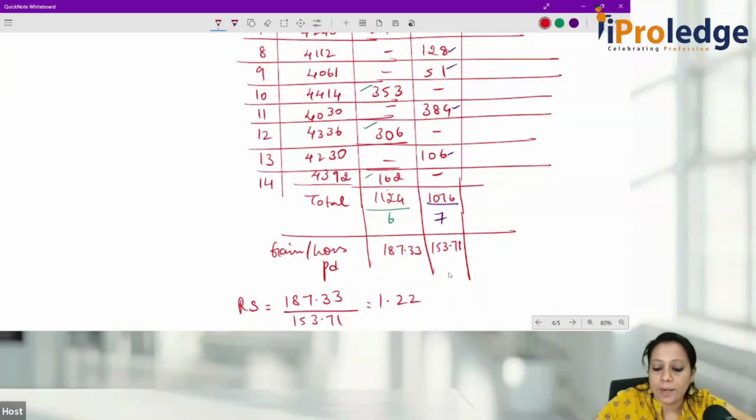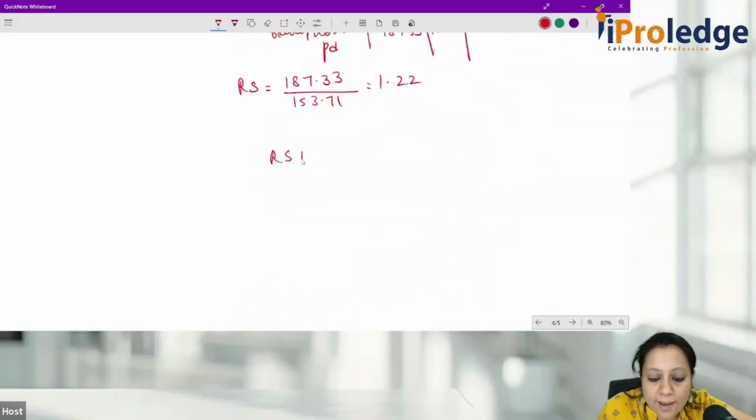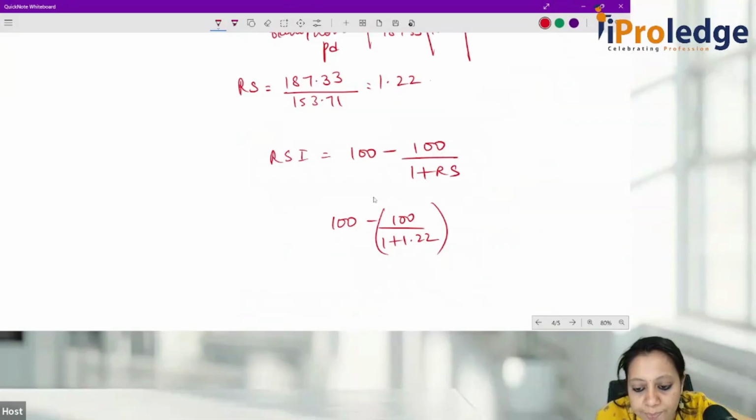So now we will do our RSI calculation. RSI is equal to 100 minus 100 divided by 1 plus RS. So it is going to be 100 minus 100 divided by 1 plus 1.22.